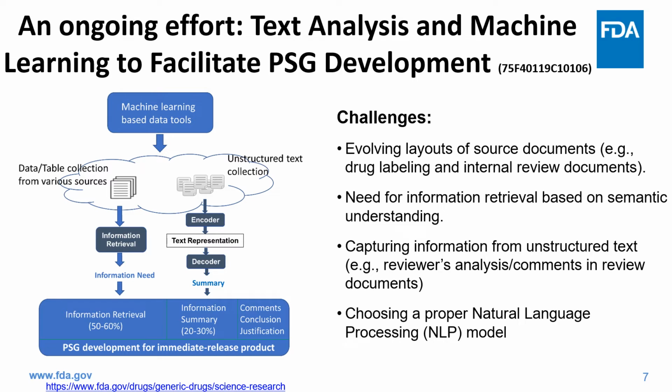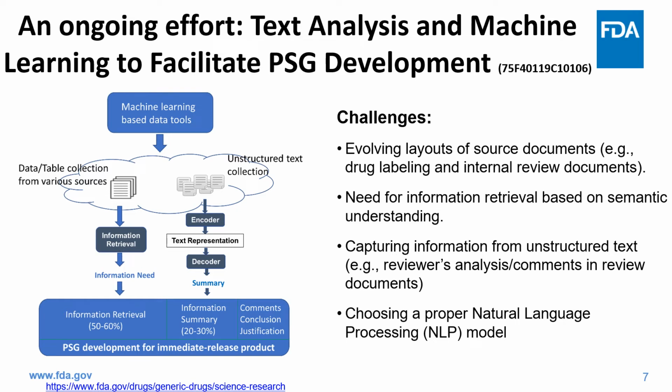According to our analysis, to develop a regular PSG for an immediate-release product, a developer usually spends 50 to 60% of effort and time to conduct information retrieval from public and internal data sources, such as drug labeling and the new drug application review, and uses 20 to 30% of effort and time for information summarization, for example, generating summary paragraphs from a lengthy document. Based on all the collected information, the developer will draw conclusions and recommendations, and so on.